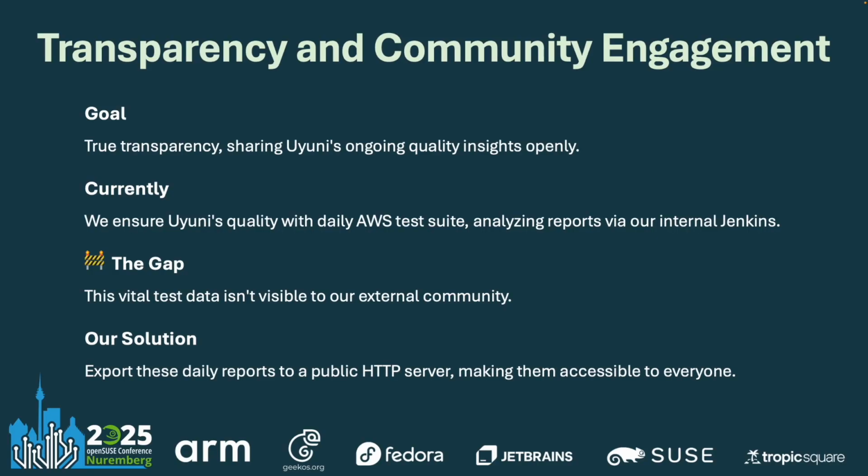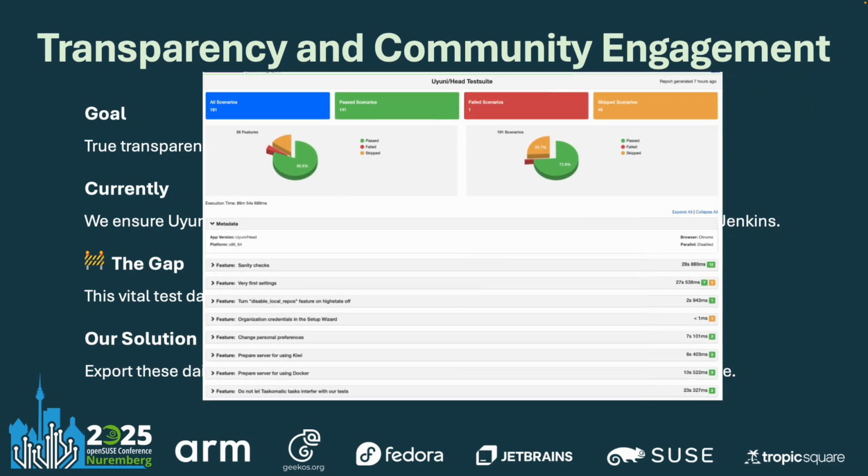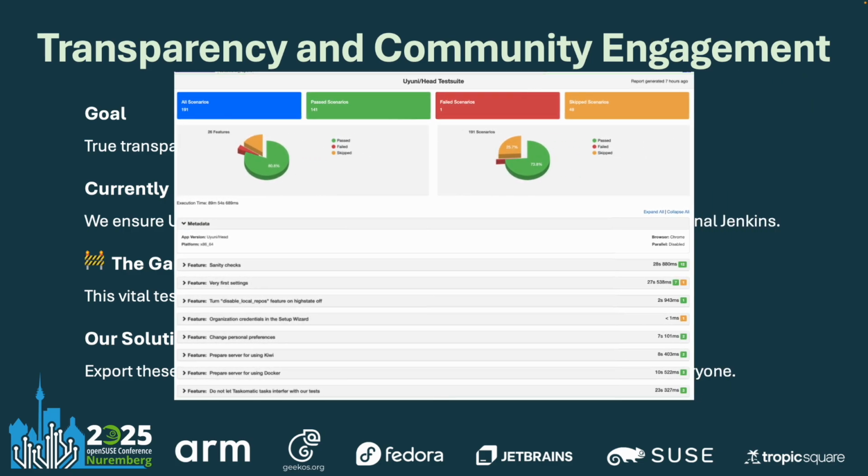This is still a work in progress. We are actively creating a way to share these daily test reports. The plan is to then put the reports on a public website, and this way, anyone who is interested can see the latest status of our tests, understand what is passing, and get ideas about the ongoing quality of Uyuni.